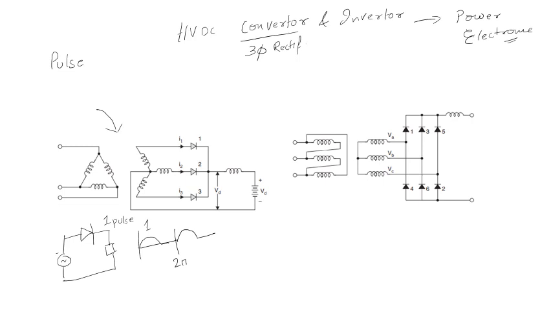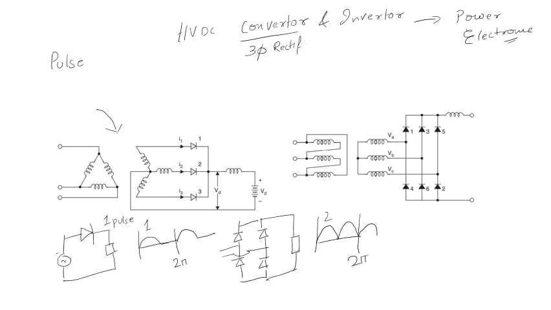Similarly, when there was a single phase bridge converter, how are you getting the converted output of your DC supply? After this, you will get this type of output. This is the output you are getting from your single phase full bridge converter, and for a 2 pi cycle you are getting 2 pulses. So this is your 2 pulse converter.